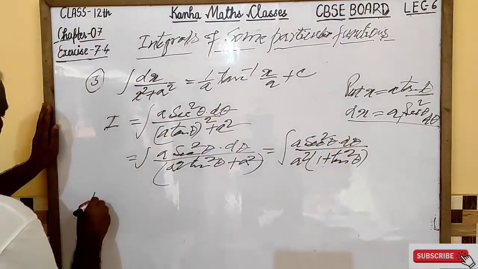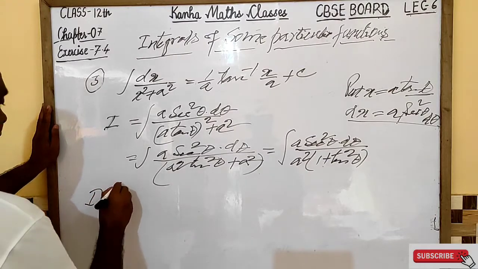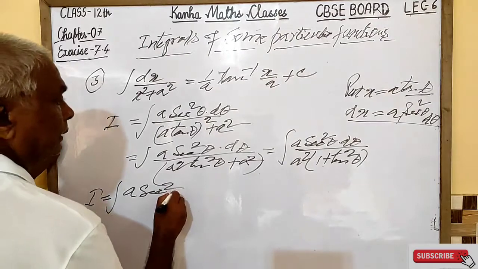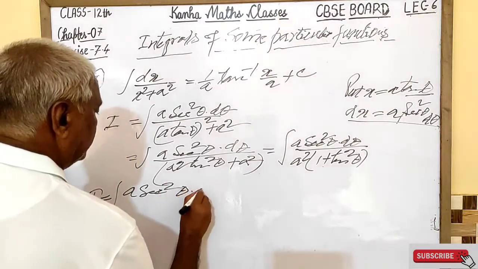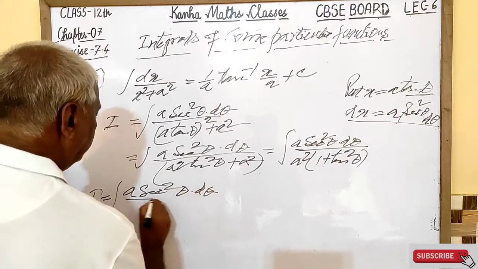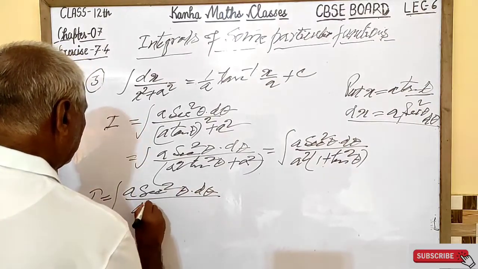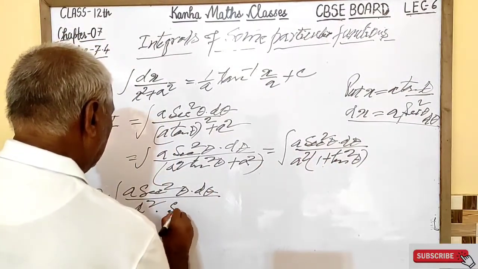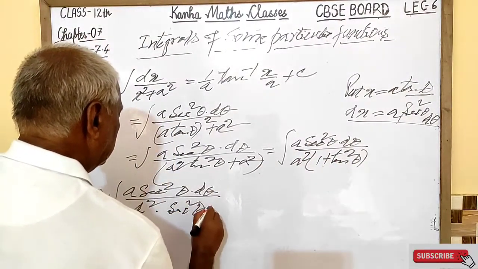Now I will be integral a sec square theta d theta upon a square, 1 plus tan square theta means sec square theta.